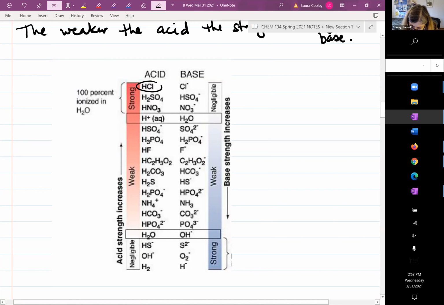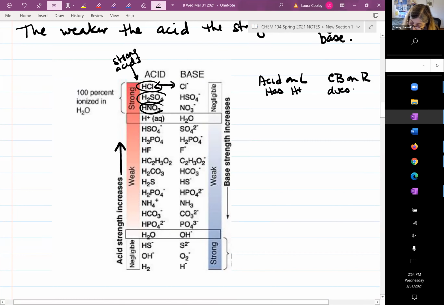And you can see that the acid strength increases as you go up. So the ones on top are strong acids, sulfuric acid, nitric acid. And their conjugate bases, you can see the relationship between the acid on the left and the base on the right. The acid on the left has the H plus, the conjugate base on the right does not have the H plus.